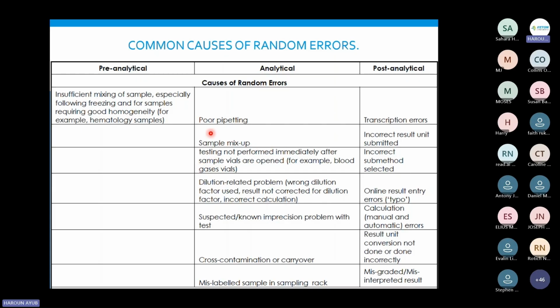Then sample mix-up. Remember, this usually happens a lot because you have sample A and sample B, and you put them in the instrument. We usually put them in sample cups when loading because the tube usually cannot fit directly in the machine. So you are distracted because you are alone in the lab that day. A patient comes, rings the bell, confusion happens. You go, run, pick their sample, and come back.